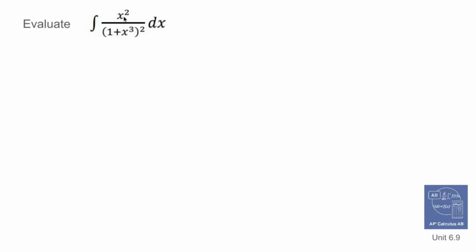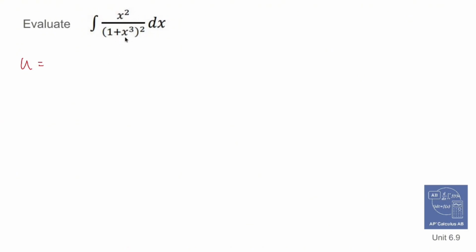Evaluate the integral of x squared over, in parentheses, 1 plus x cubed, all of it squared. Well, when you see problems like this, you're thinking chain rule-y, quotient rule-y stuff. And when you do that, you use u substitution. So I'm always going to let u equal something that looks like its derivative is floating around.